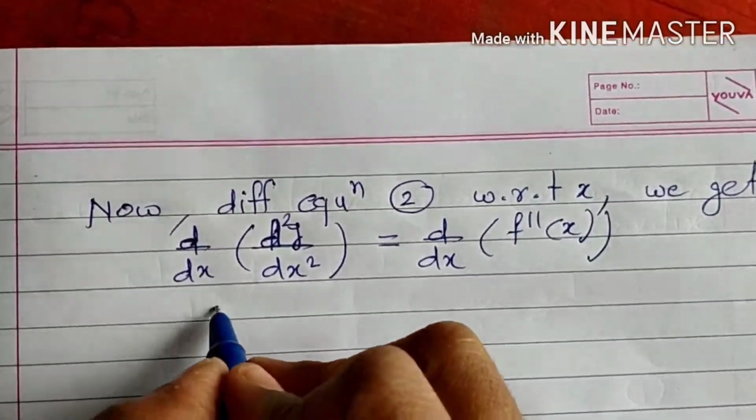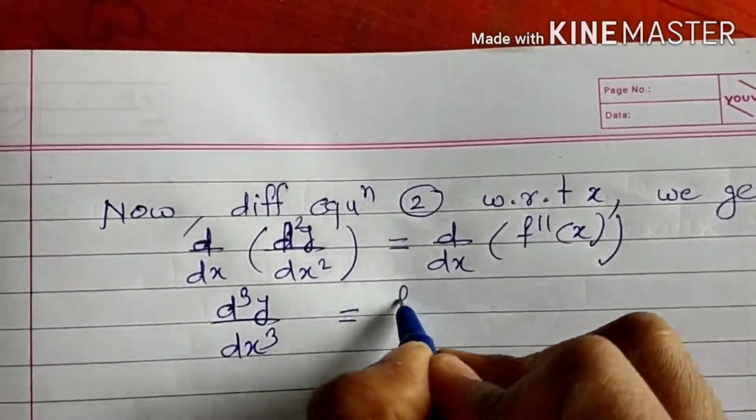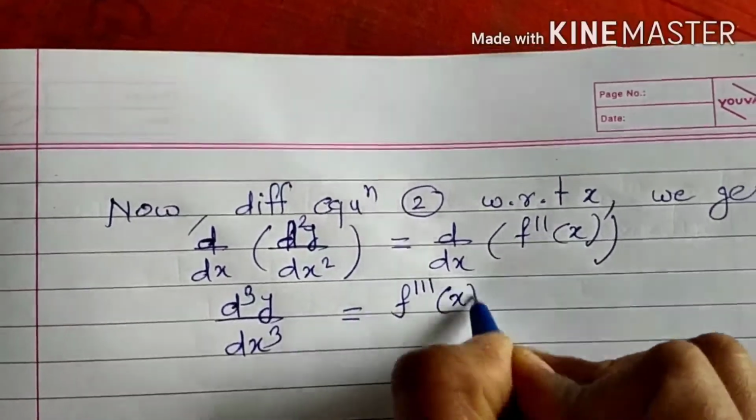Now take differentiation, d cube y upon dx cube is equal to f triple dash of x.